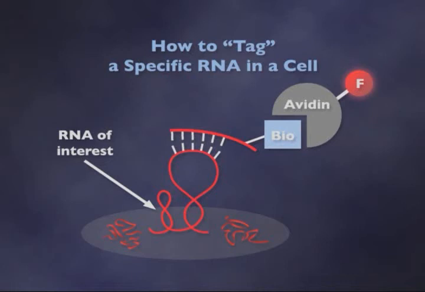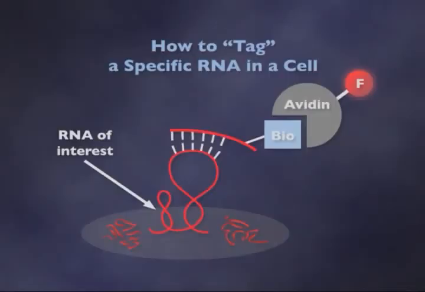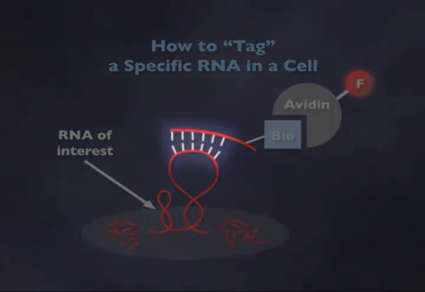We can take advantage of the specificity of Watson-Crick base pairing, a theme that's come up probably 20 times already in these lectures, A recognizing T or A recognizing U, and we can make a probe of a sequence that will be complementary to and thereby bind to the telomerase RNA and not to the other RNAs in the cell.